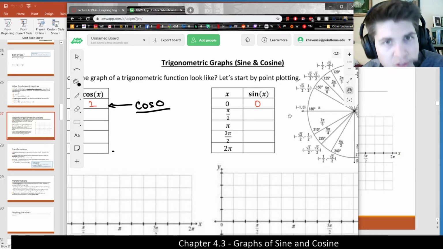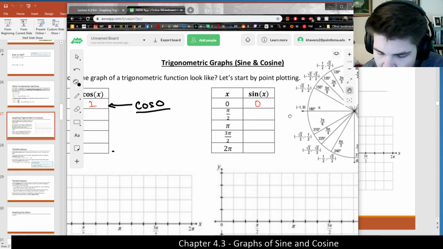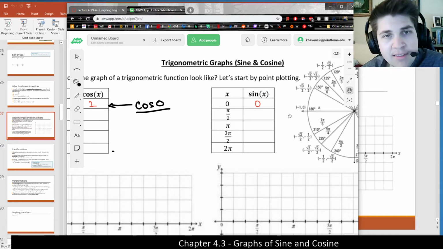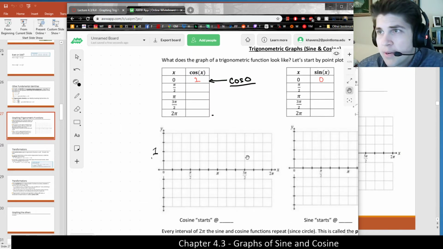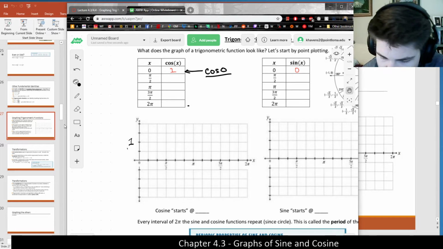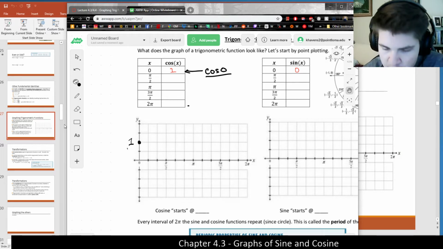Another thing I'm going to do with this particular graph is I'm going to put 1 right about here, just as an arbitrary choice. But it turns out that the max value that cosine can attain is 1. It can't get any larger, and so there is no point to making this 1, 2, 3, 4, because it actually will never be able to exceed 1. But at 0, cosine is 1, so that's our first point.